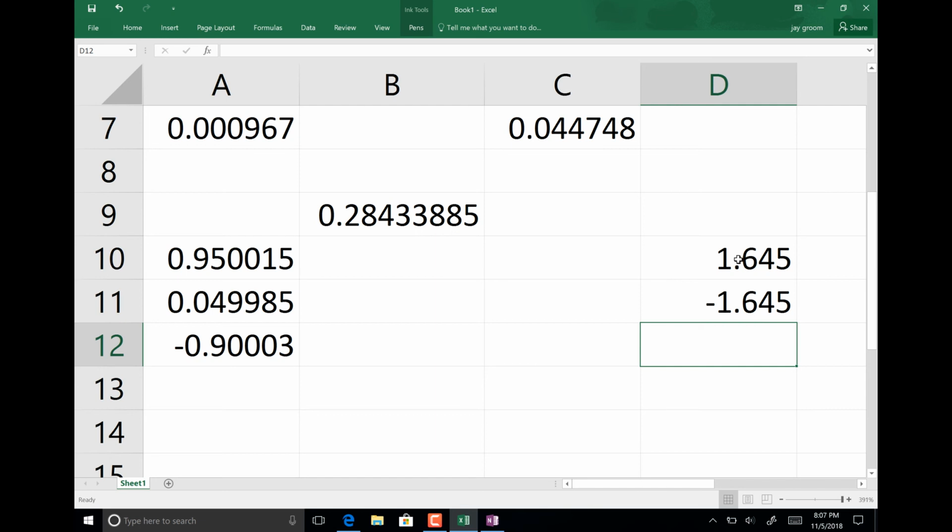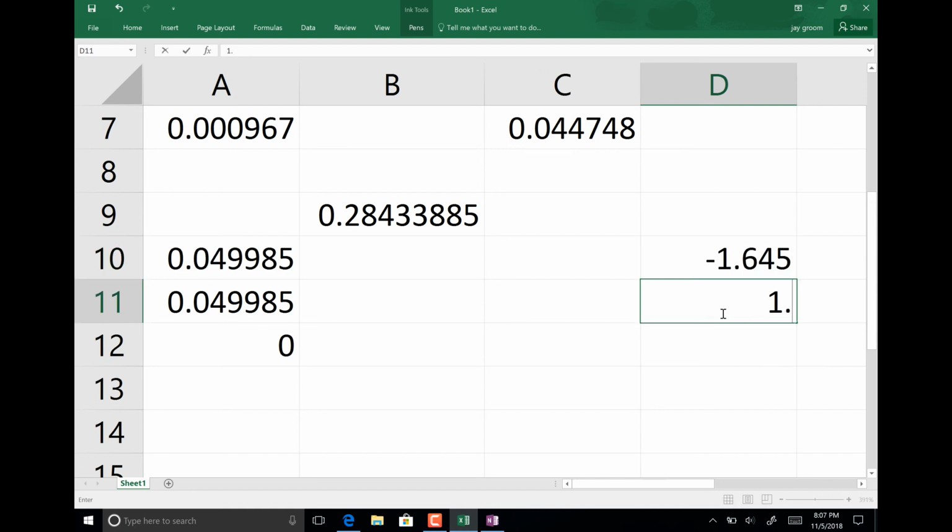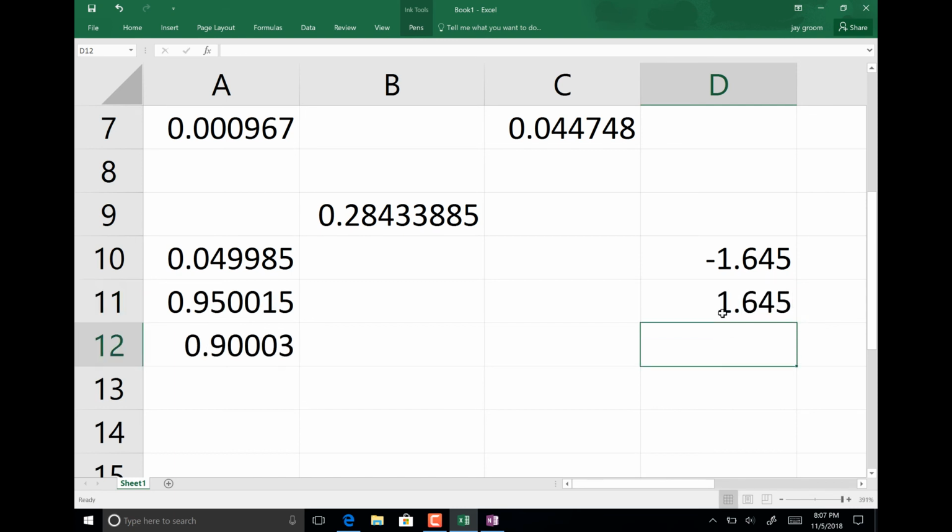Ignore the negative. 90%. Right on the button. Does that make sense? So negative 1.645, I should do it the right order so you don't freak out. Negative 1.645 and positive 1.645. 90% almost on the button between negative 1.645 and positive 1.645.